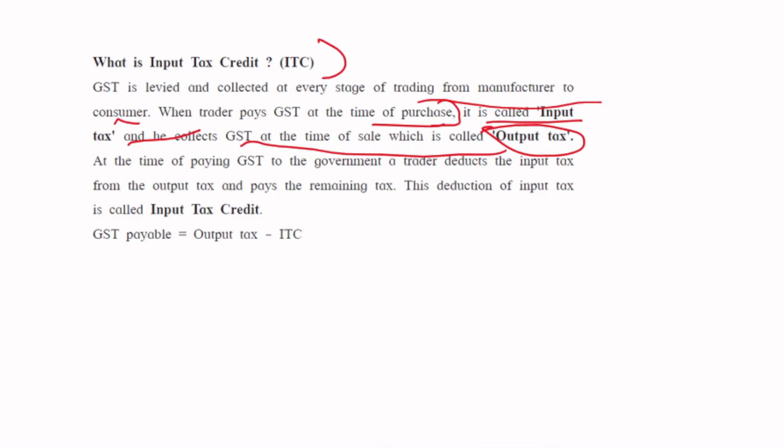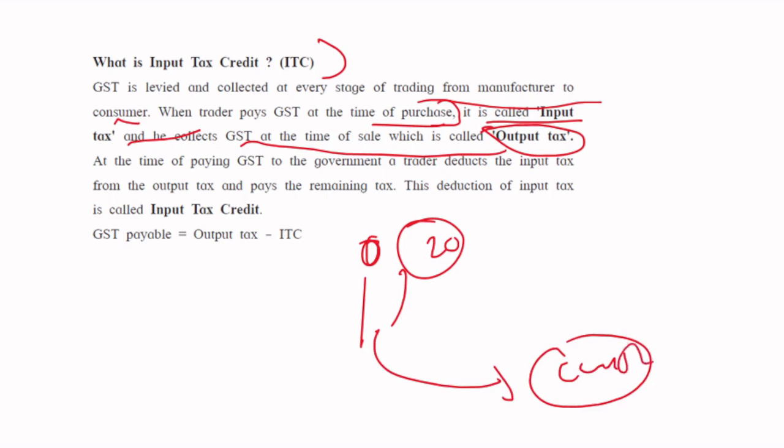For example, you are buying something from a wholesaler to sell it, so you pay some taxes, for example 20 rupees, to the wholesaler, and that 20 rupees you are going to collect from the customer. So in the end you don't have to pay any taxes, you just take your profit and pass on the taxes to the customer.